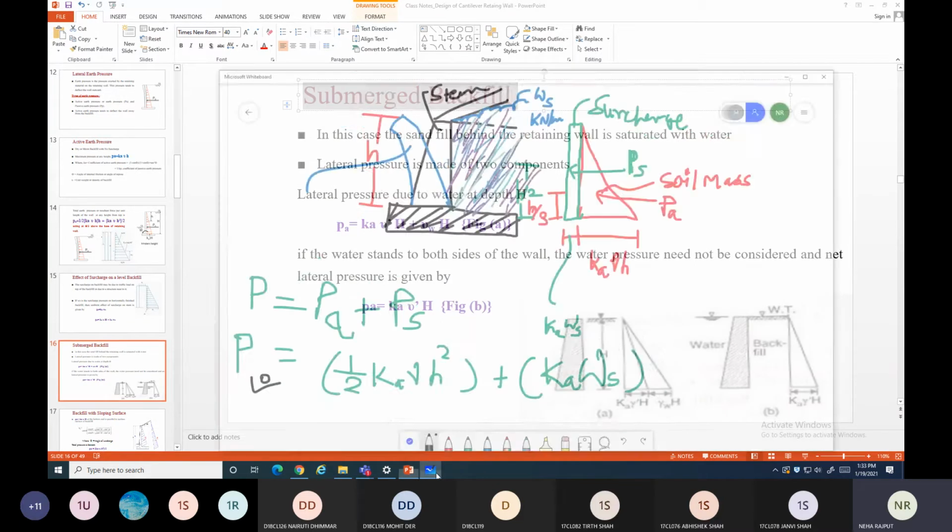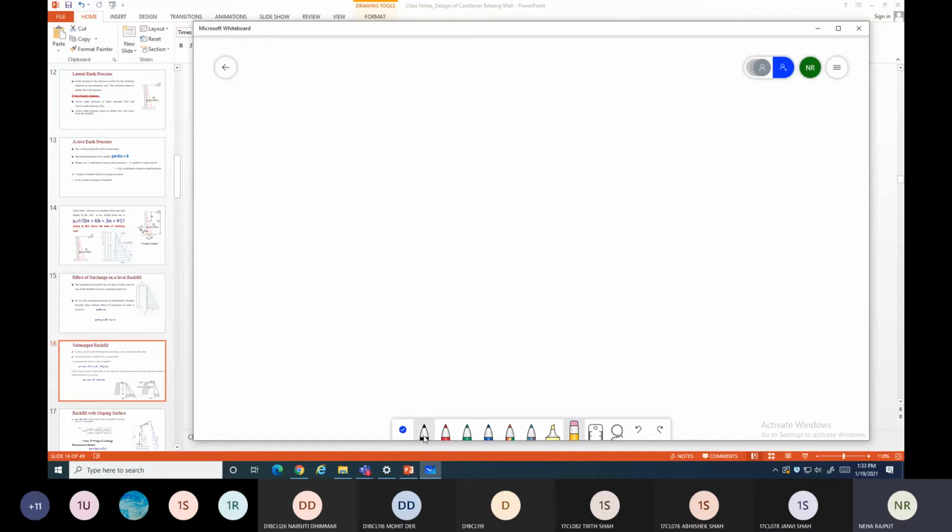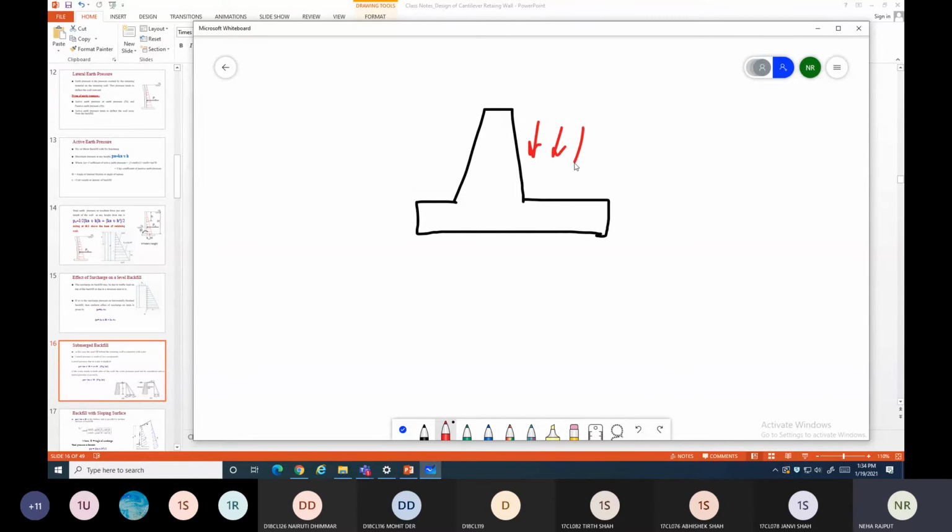Suppose this is again your retaining wall, this is the stem part, this is the toe part, and this one is the heel part. Now this soil mass is saturated soil mass. So in addition to dry soil, some wet soil or water portion will also be there in your retaining wall, which will give lateral pressure to the stem part.